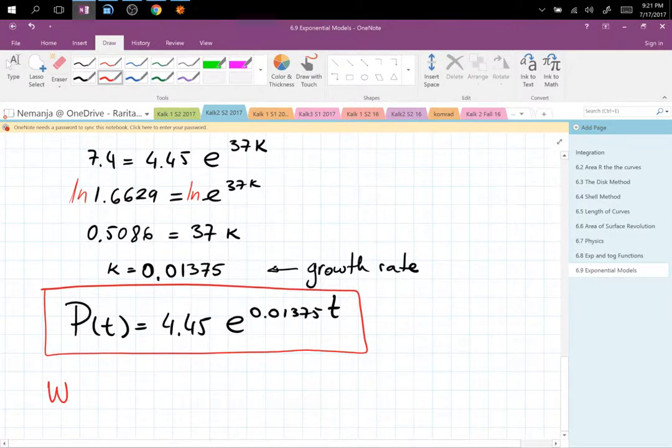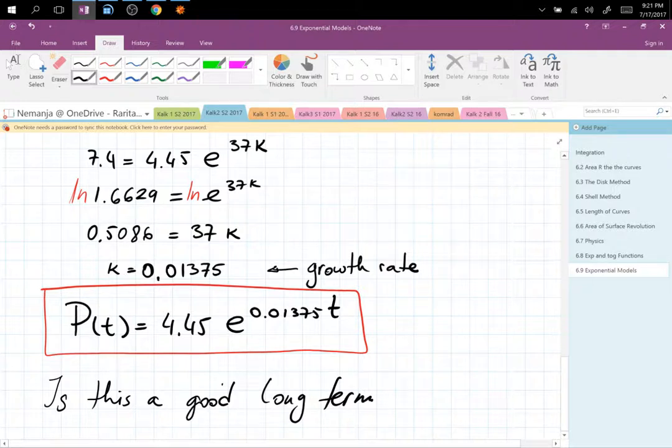But let's just say 15 billion, all right? So when? That's the question. Oh, first, let me just go. Is this a good long-term model?